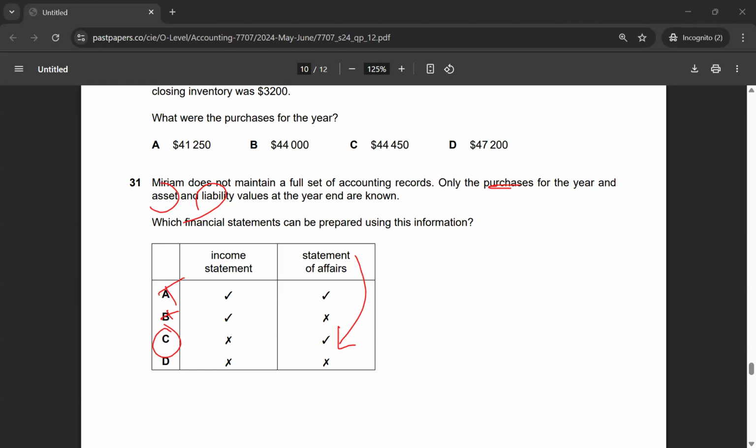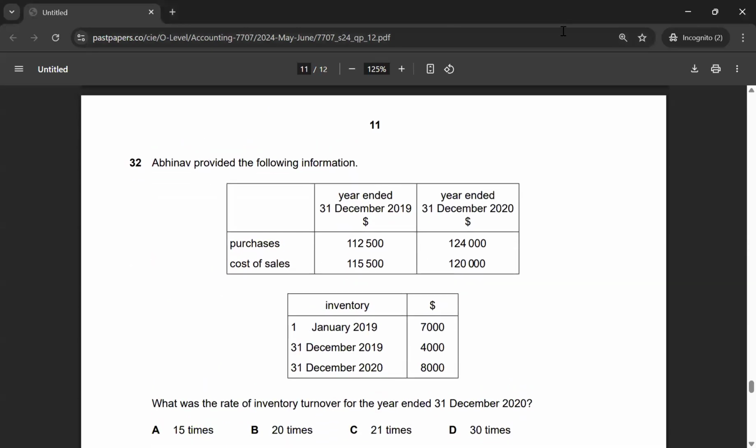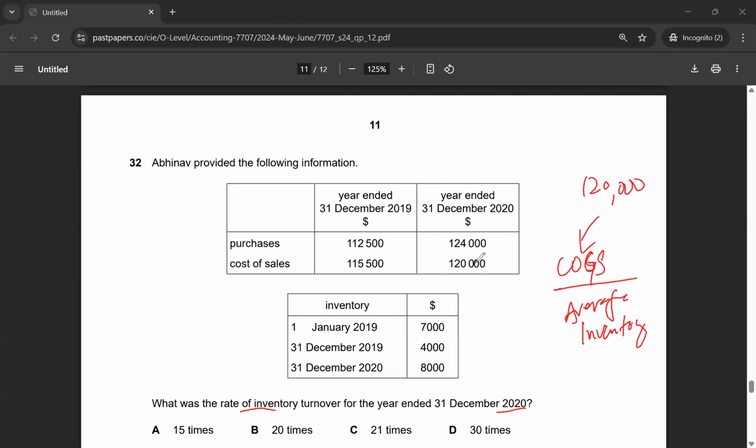Let's look at multiple choice 32. So multiple choice 32 is asking us to calculate the rate of inventory turnover for 31st December 2020, for which the formula is COGS over average inventory. COGS in this case is 120,000 cost of sales for 31st December 2020. We just need to calculate the average inventory.